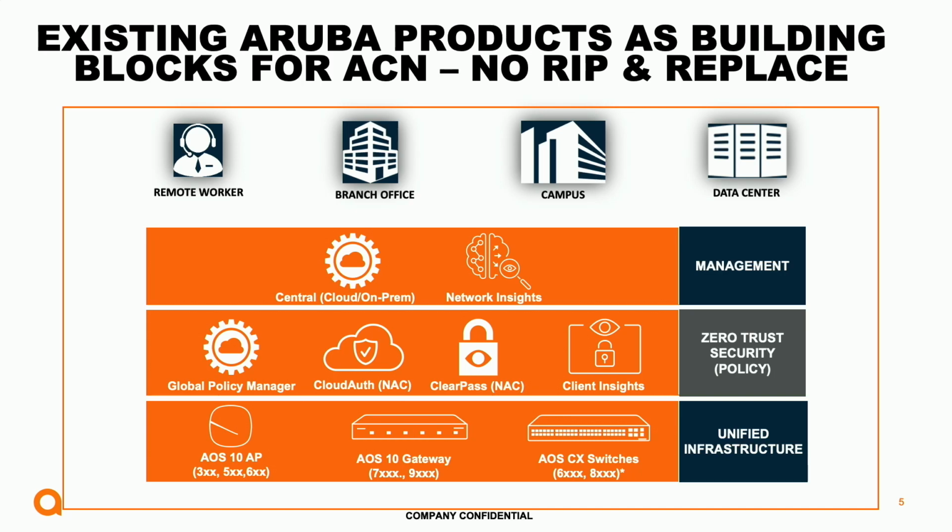And then we have two other services, one in cloud and one on-prem. We have a NAC in cloud, which is a service that runs on Central. This is Cloud Auth. And then, of course, for many other use cases customers use an on-prem appliance like ClearPass. So that's the other NAC that we stitch up in the solution.